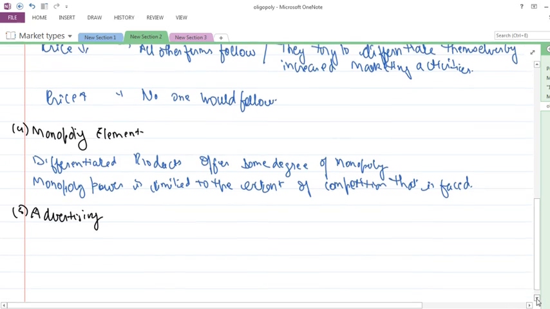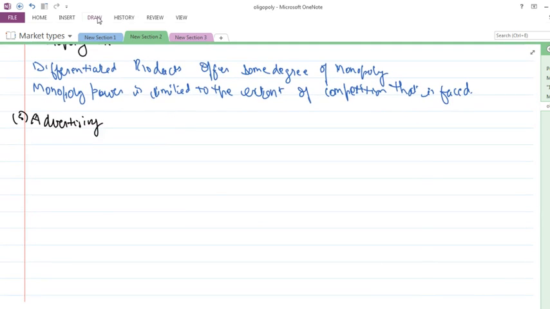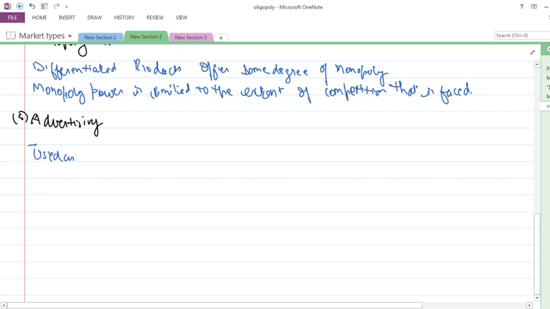As the firms are trying to differentiate themselves and set a separate identity, these firms would be spending a very huge amount on advertisement, and it is used as an effective tool to shift the demand in their favor.